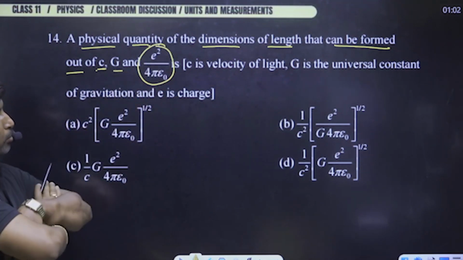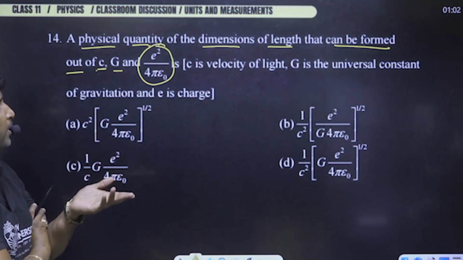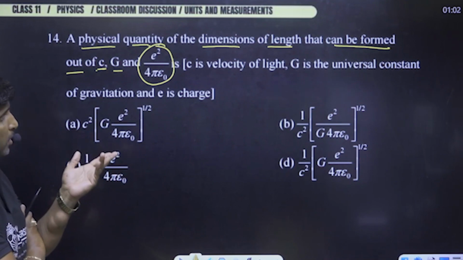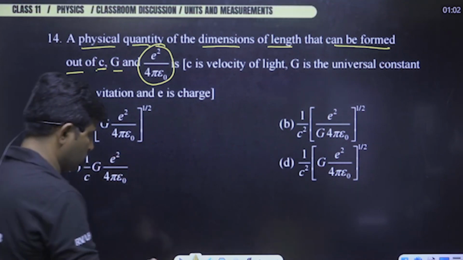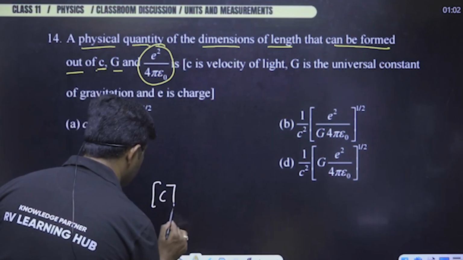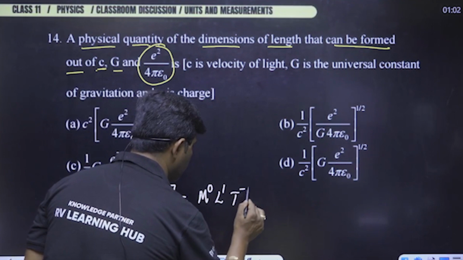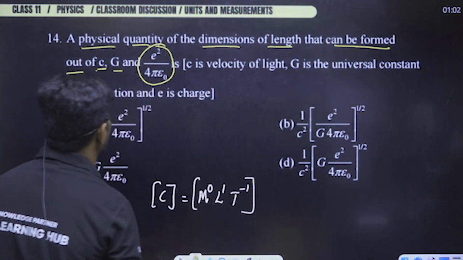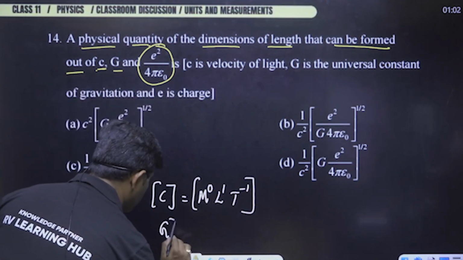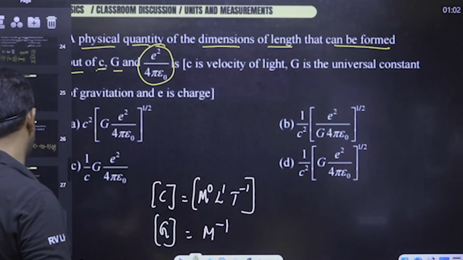C is the speed of light, G is the universal gravitation constant, and e is the electronic charge. And please remember that dimensions of C become M power 0, L power 1, T power minus 1, and the dimensions of this capital G is M power minus 1. I have already given to you.